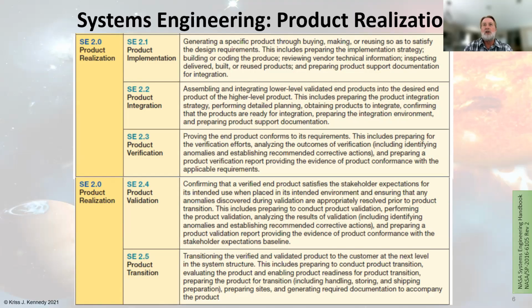And so verification is usually written when you write the requirements, and is an important part of that process of proving that the end product conforms to the requirements. And that proving part is important when it comes to your certification products and your data for certification.